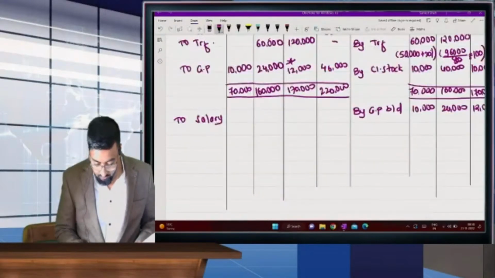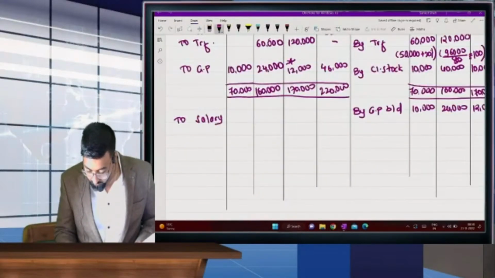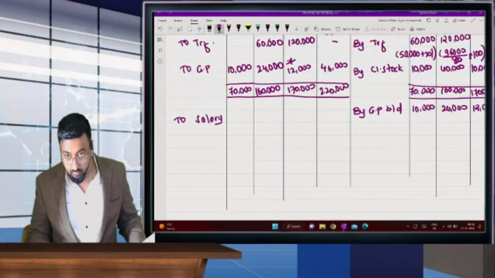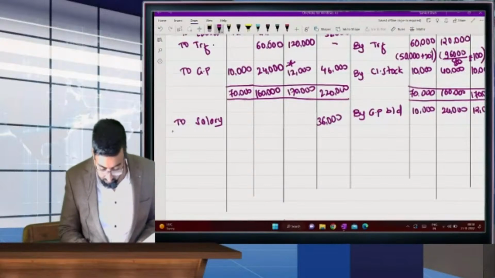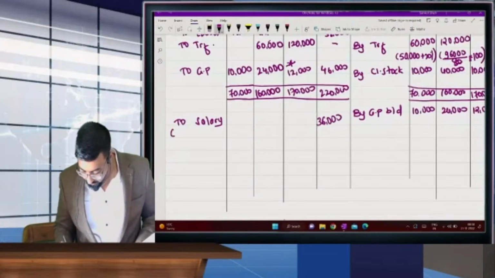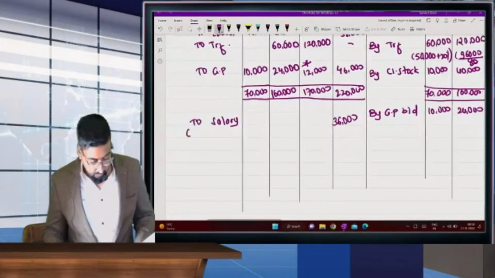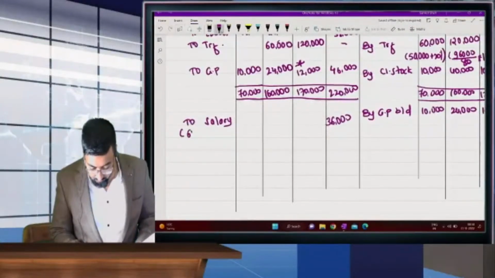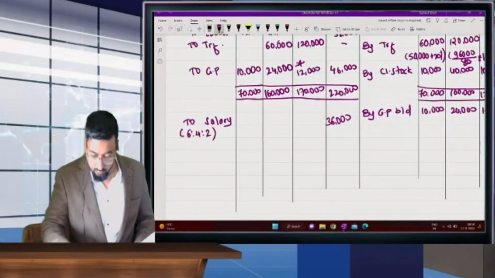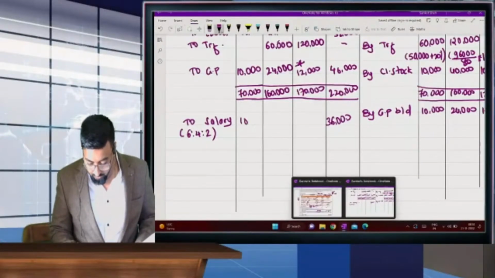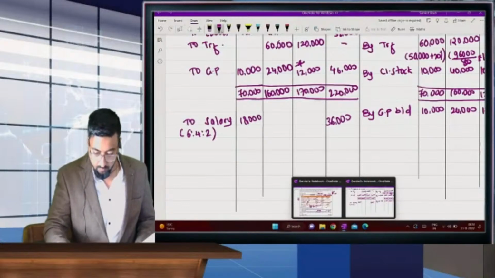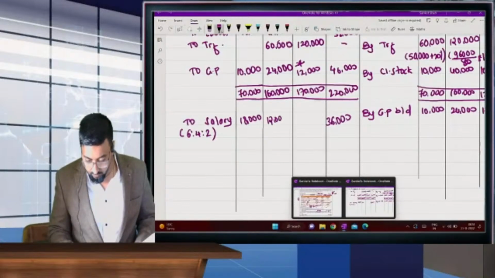36,000, in which ratio? Which ratio, beta? 6, 4, 2. 36,000 divided by 12 into 6 is equal to 18,000, 12,000, 6,000.